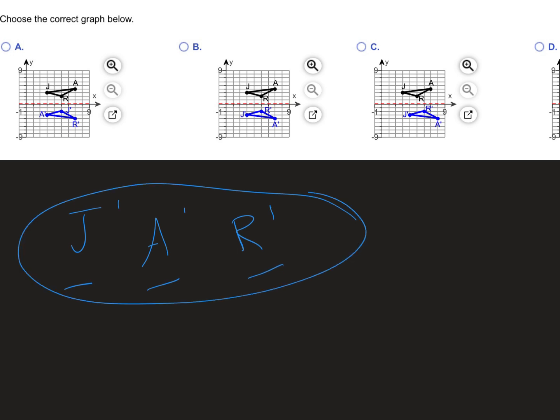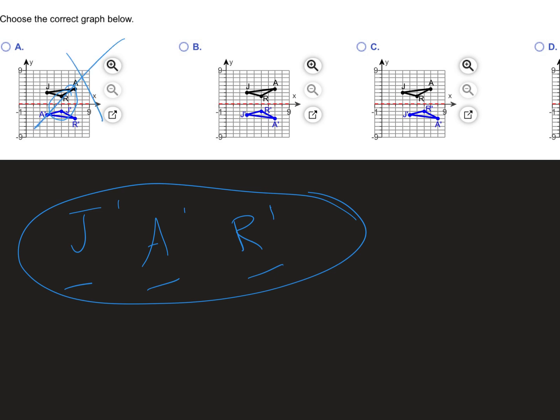So we are asking which one of these is a reflection, so a mirror image across the x-axis. So remember the x-axis, they're all the same here. You can see x, x, x. So all of those are the x-axis. So we want to know which one of these is the reflection. So that means that if R, so this one would not be right because it looks like these R and J have switched spots.